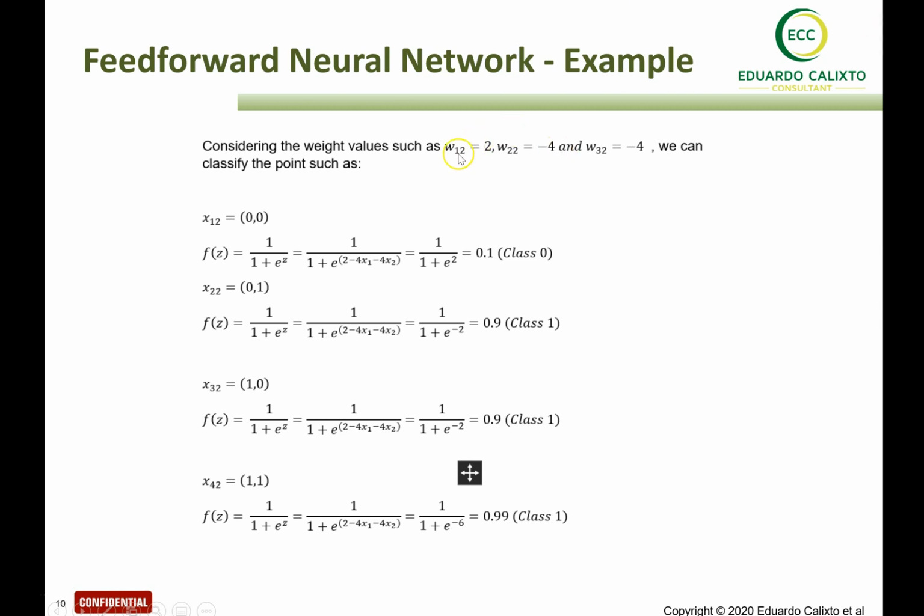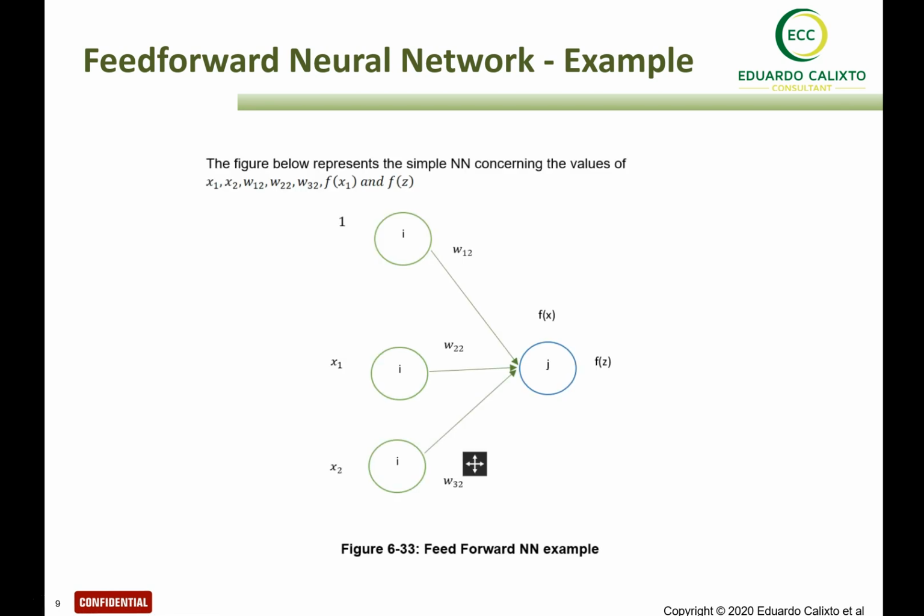So let's take a look at an example. Consider that we have the weights: w1 equal to 2, w2 equal to -4, and w3 equal to -4. As the first step of a neural network, we need to find fx. So fx will be the bias multiplied by the weight, 1 multiplied by 2, so fx will be equal to 2 plus x1 multiplied by -4, and x2 multiplied by -4.